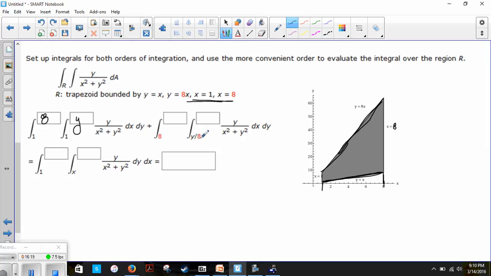Over here, we'll have to go from this piece right here. This would be the y over the 8. That is my x value over there. And we want to go up to the 8 over here.